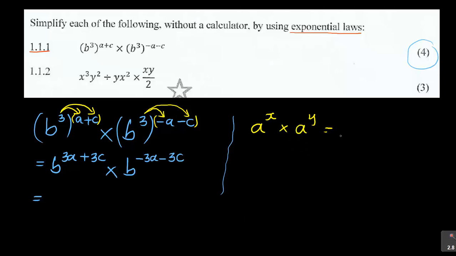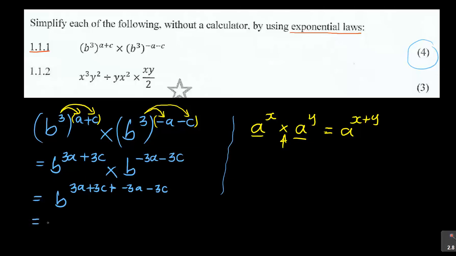If the bases are the same, like the b and b here, you write that base, and because of the multiplication sign, you add the exponents, x plus y. This is the first law of exponents. Similarly, I've got b and b, so it will be b to the power 3a plus 3c, then I add the other exponents, plus minus 3a minus 3c.